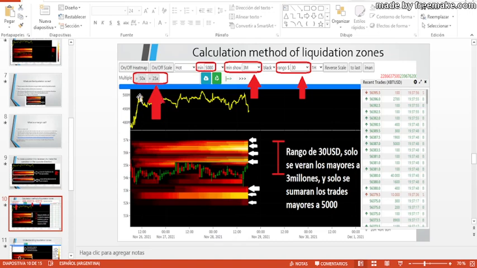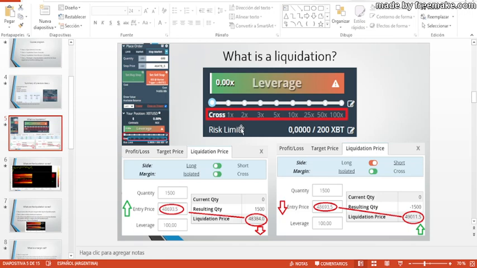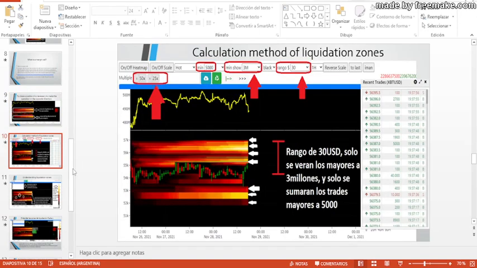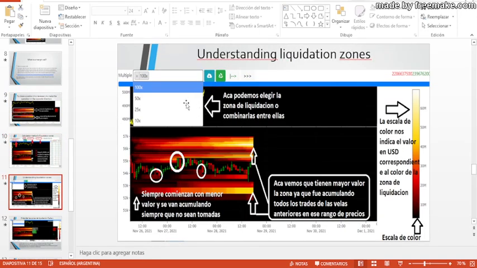You need to configure which of these zones the software will use. You can combine one or more zones at the same time. Then we have a color scale that shows us the value in USD corresponding to the color of the liquidation zone.